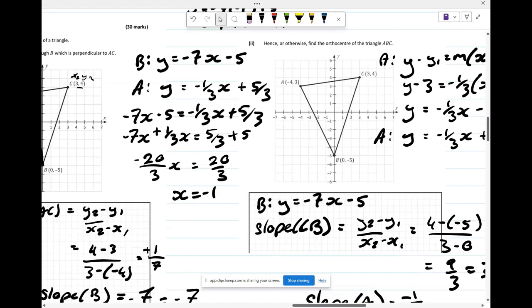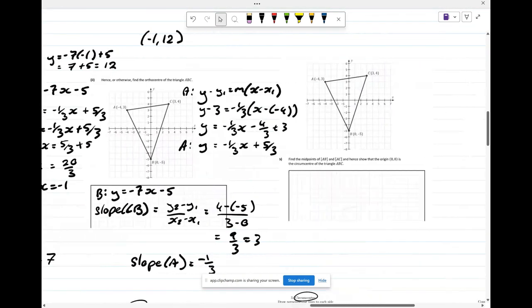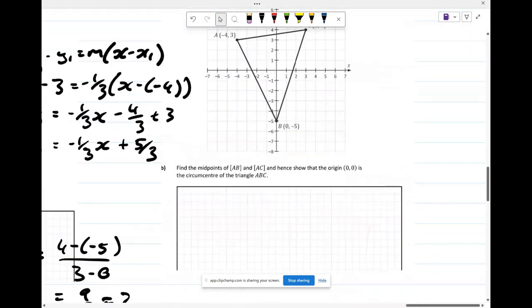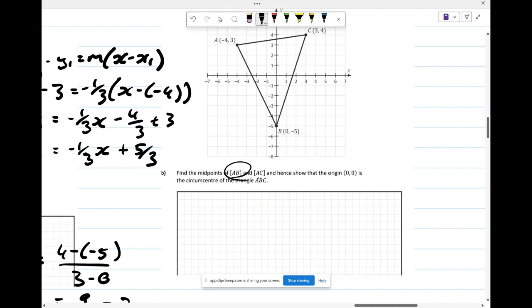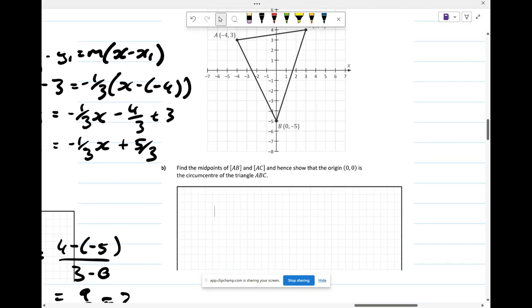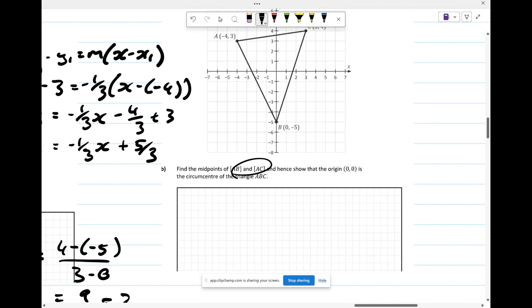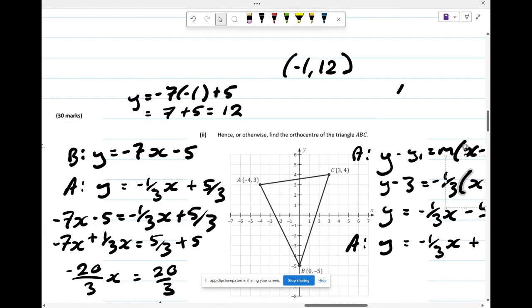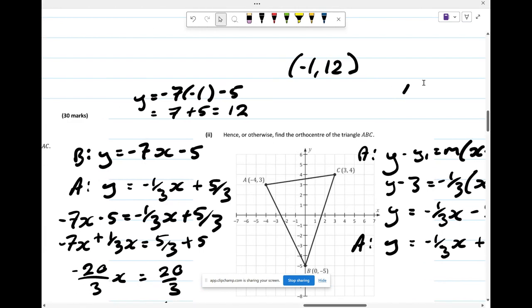So that is the question done. Not done, sorry, last bit. Find the midpoints of AB and AC, and show the origin is the circumcenter of the triangle ABC. Okay, we're going to find the midpoints of AB and AC. Sorry, I've just made a mistake up here, so this should actually be minus 5.